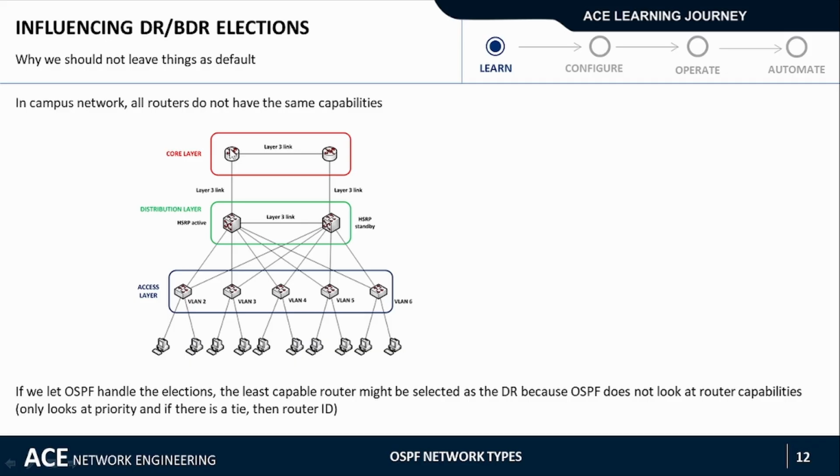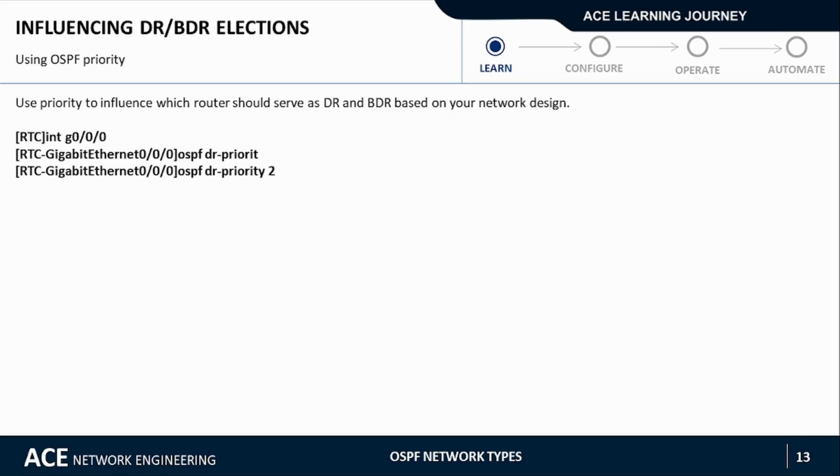We want a chairman who is powerful, who can handle a lot of traffic because he's handling all the relationships. So we want to influence our elections by not leaving things as default. We use priority. Once you set the priority, the router that has the highest priority will always become the DR.